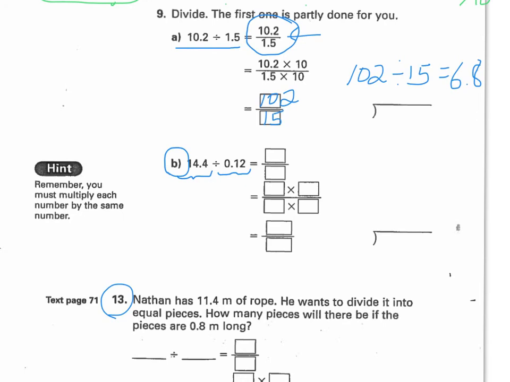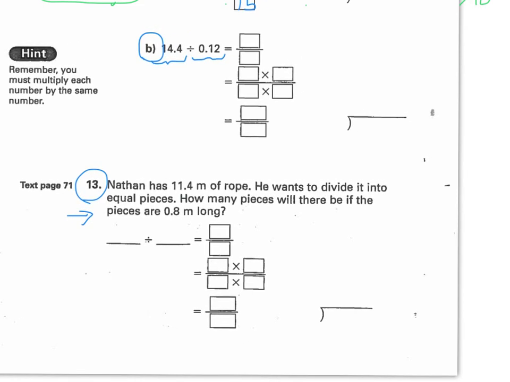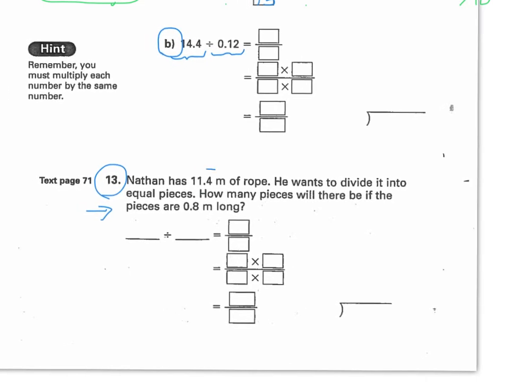This question down here: Nathan has 11.4 meters of rope. He wants to divide it into equal pieces. If each piece is 0.8 meters long, how many pieces will there be? Good luck.